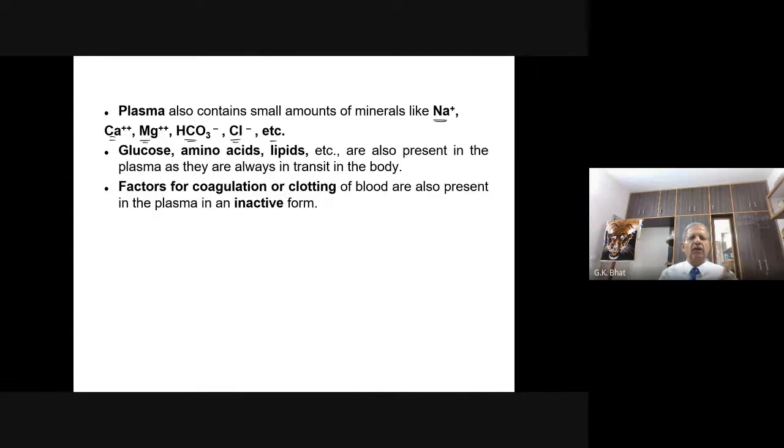These are also present in the plasma. Apart from that, whenever the blood moves from one part of the body to another part of the body, during this transit, we also come across in the blood glucose, amino acids, and lipids.